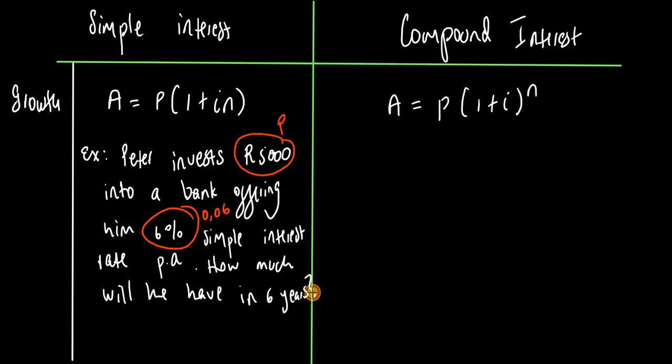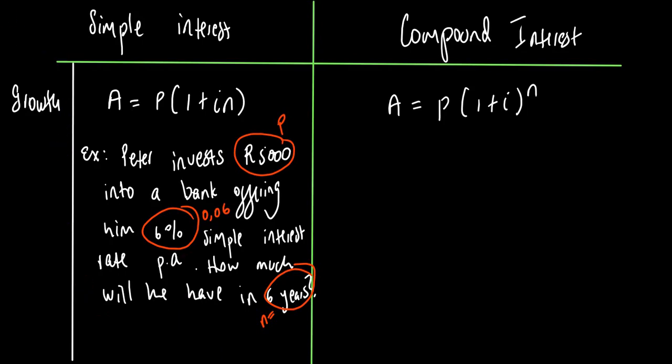And then 6 years tells you the number of years that you're working with. In this case, it will be earning interest for 6 years. That means N is going to be 6.